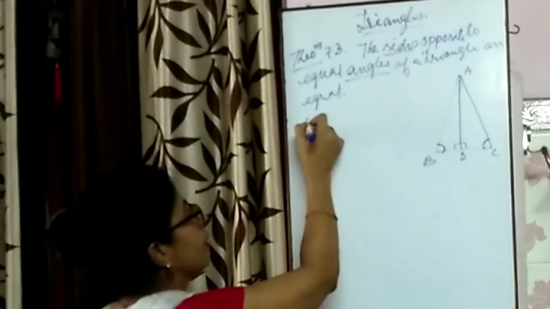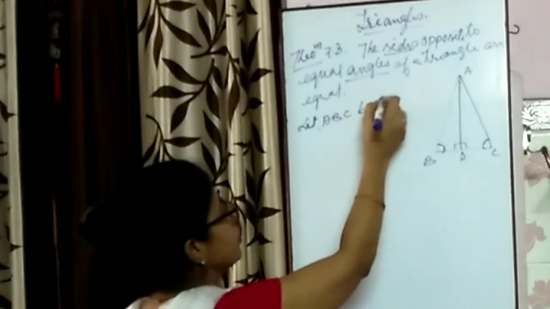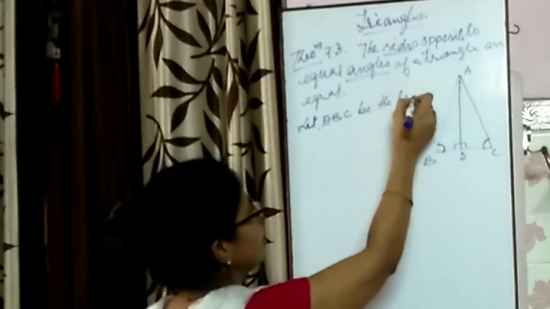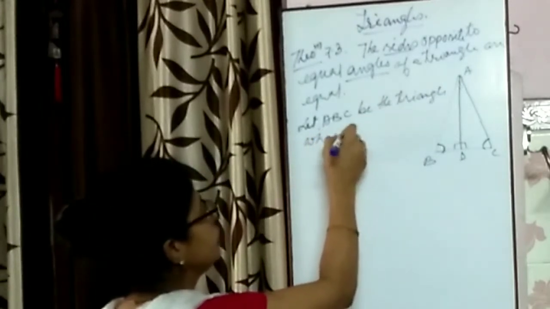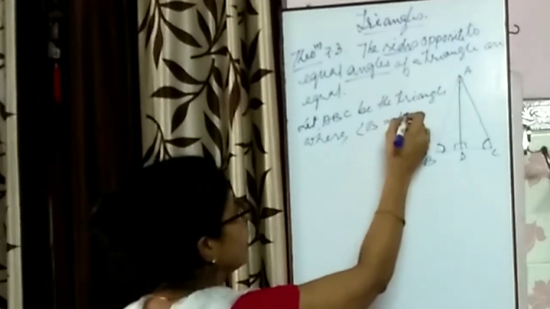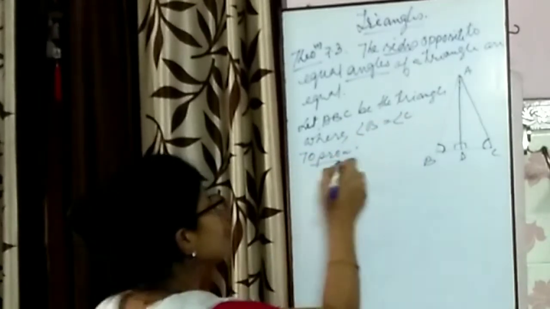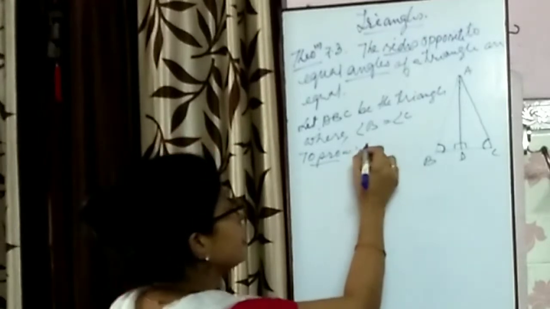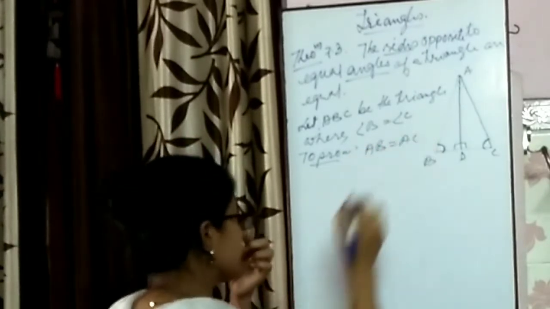Let ABC be the triangle where angles are equal. Angle B is equal to angle C. To prove AB equals AC.